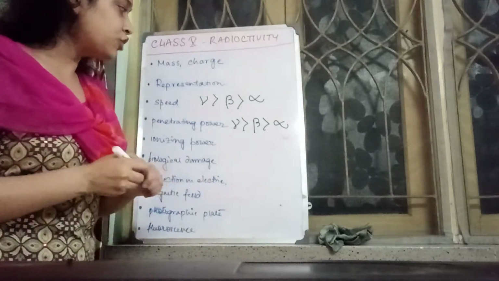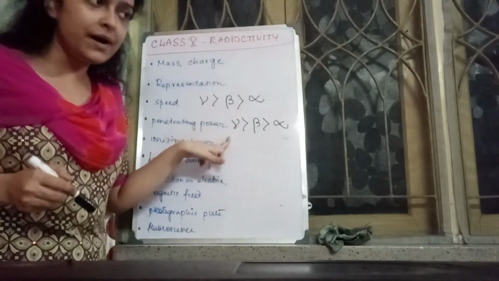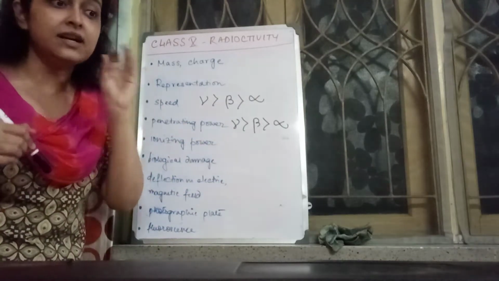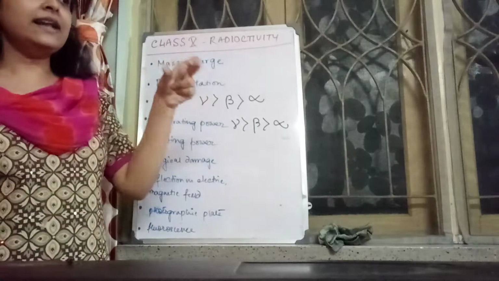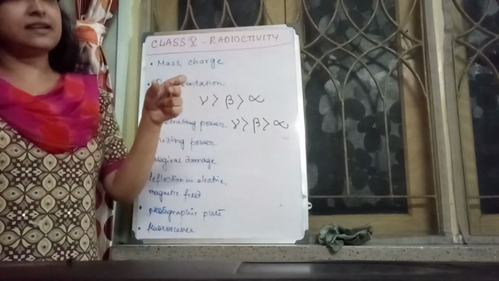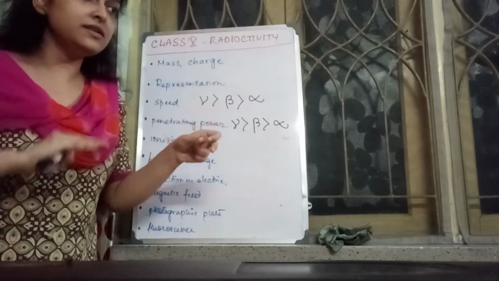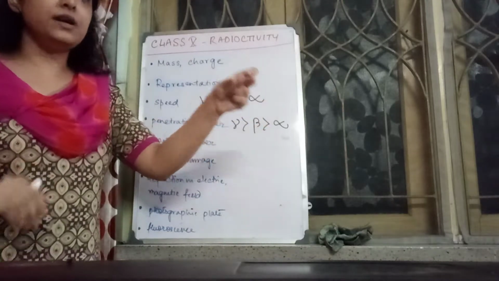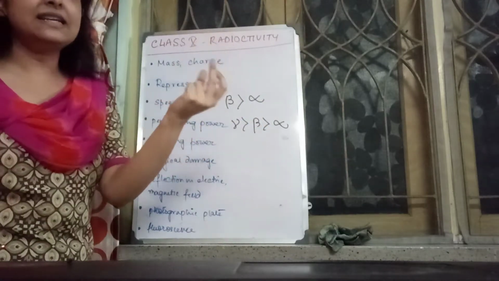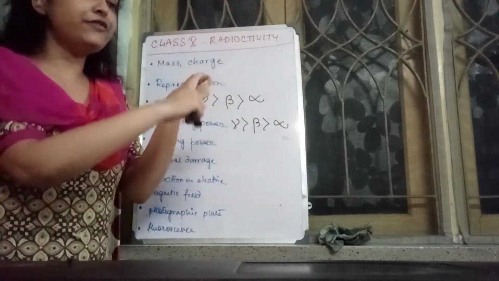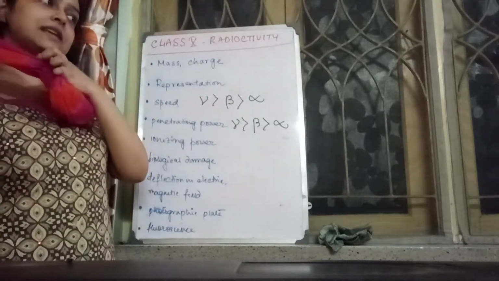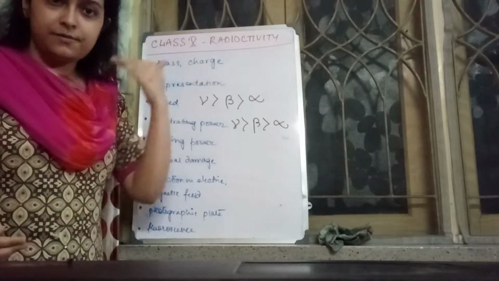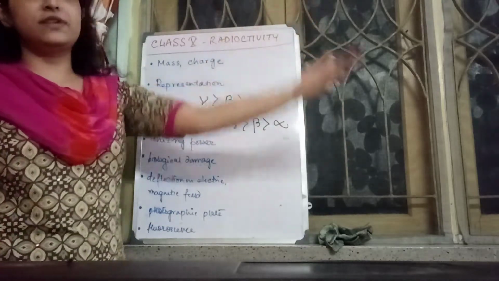For stopping the gamma rays, we need actually 30 centimeter thick lead. Lead, why lead? Because it is considered that the radioactive emissions will come to stop. Lead is considered because after lead you have the radioactive substances, so lead is considered to be more stable than the elements which are after that.